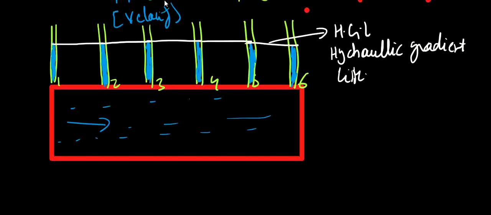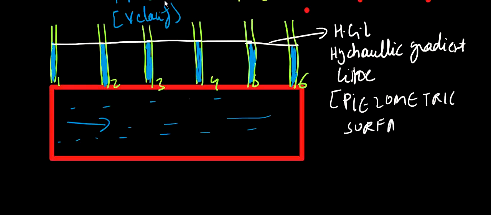Okay, hydraulic gradient line, HGL, or this also represents the piezometric surface, since it is the locus of all the piezometric points, so therefore it is representing a piezometric surface.